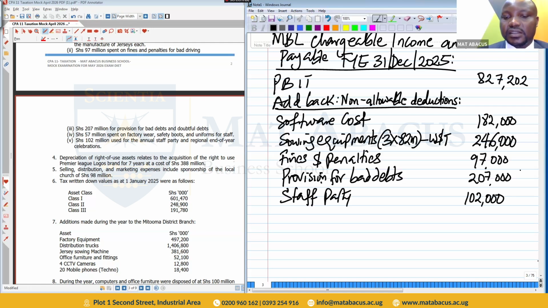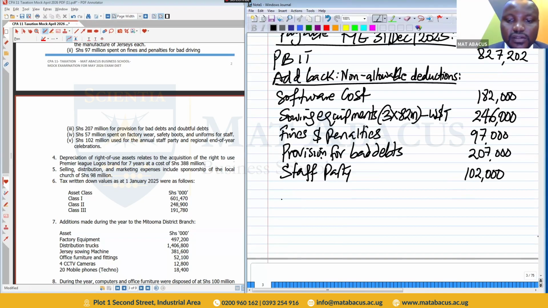And it specifies that expenses incurred in production of income, included in gross income, are allowed as deductions. And expenses not incurred in production of income, included in gross income for the year of income, are disallowed. So this staff party is not a business expense.